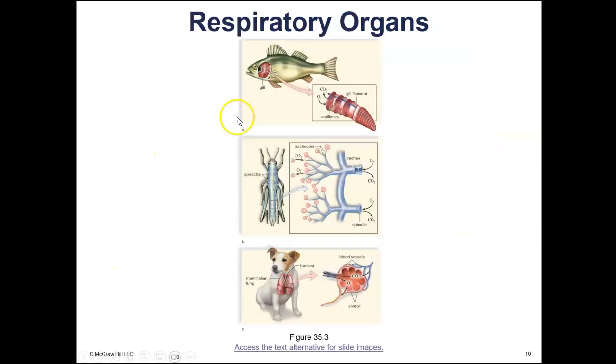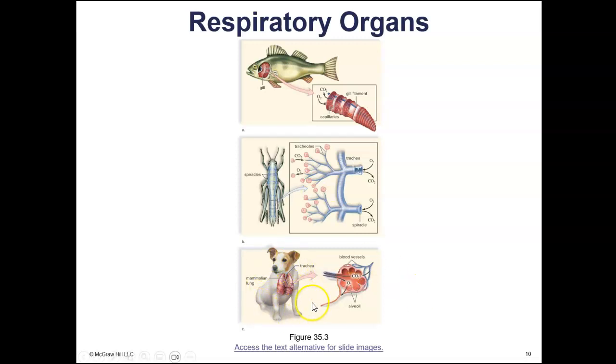And then it's showing you here respiratory organs. Fish have gills. Some insects have a trachea system that connects to their exoskeleton through these little holes called spiracles. And then the trachea can actually directly enter cells and take the oxygen directly into cells and not through the blood, which is kind of really cool when you think about it.